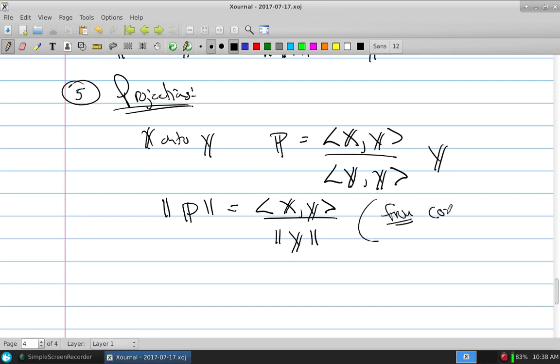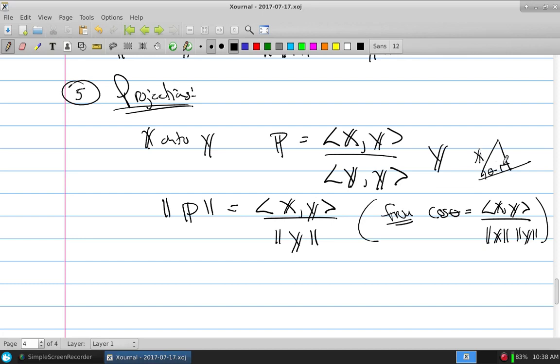That's from the cosine of theta is equal to what? x·y divided by magnitude of x, magnitude of y. And if I would have two vectors, like this, and that's x, and that's theta.